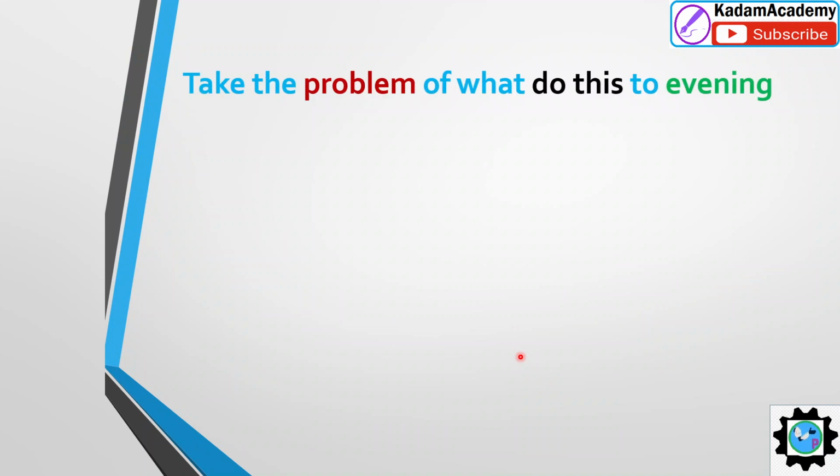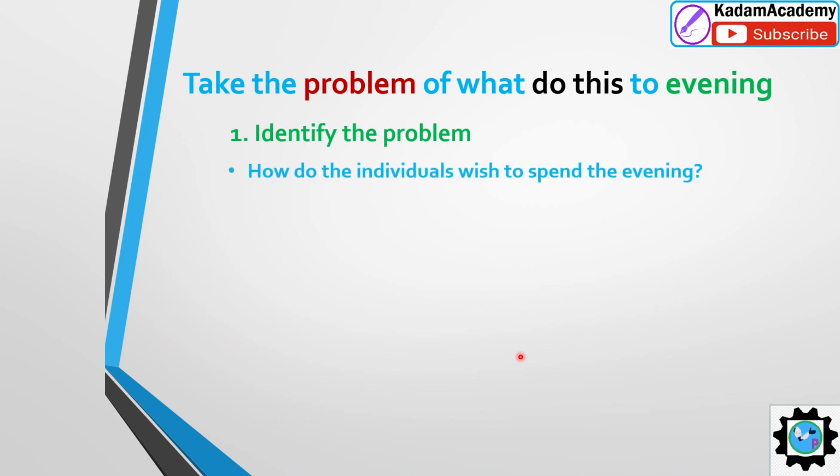So friends, take one problem: what to do this evening? Okay, within a short time I will read it fast. First step, identify the problem. What to do this evening? How does the individual wish to spend the evening? That we have to identify. After that, understand the problem.